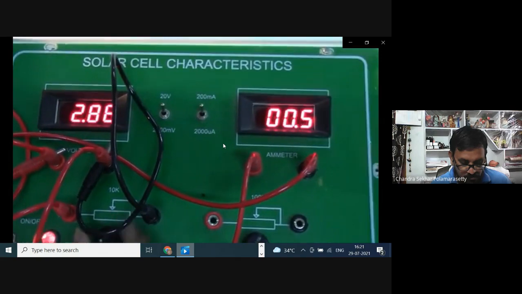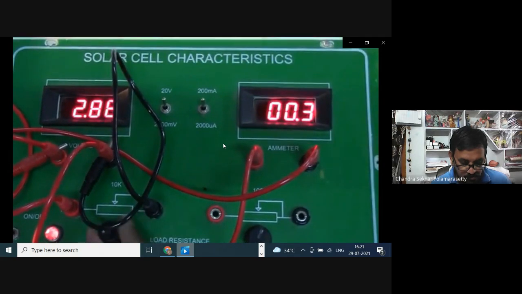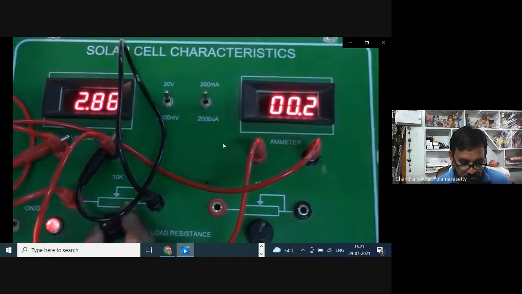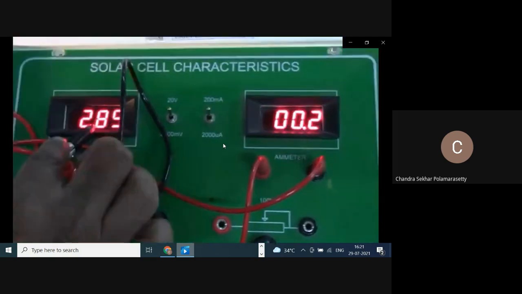VOC is equal to 3.09 volts. ISC, the short circuit current, is the previous value, 14.2.